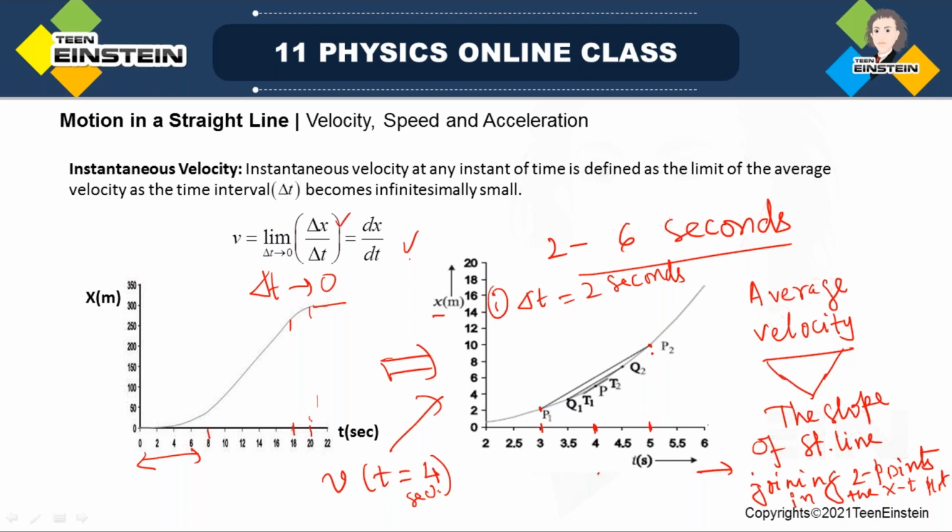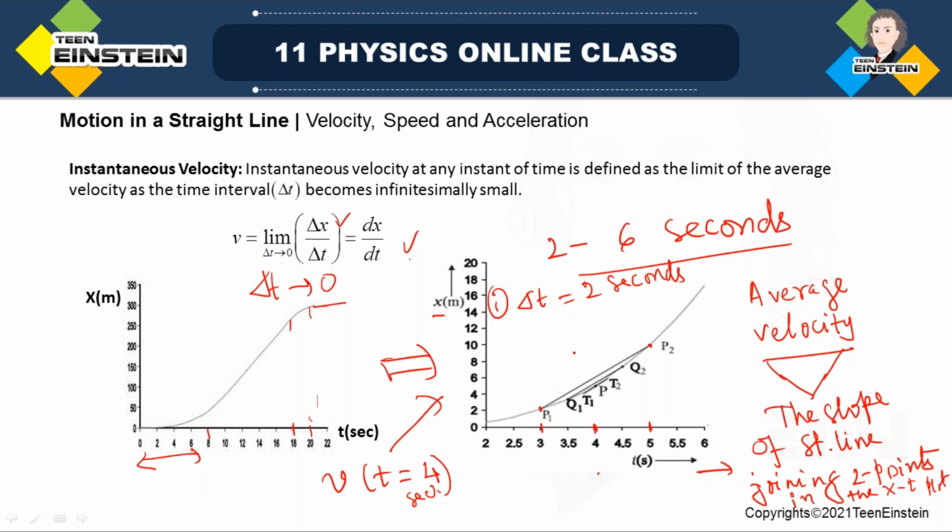The time interval delta t is 2 seconds, and the point P where I have to calculate the instantaneous velocity is in the middle of this interval.